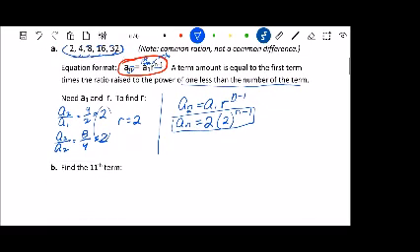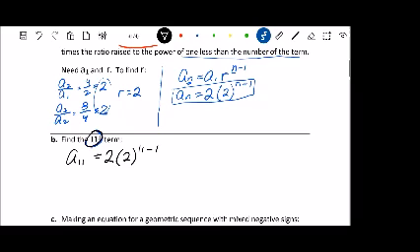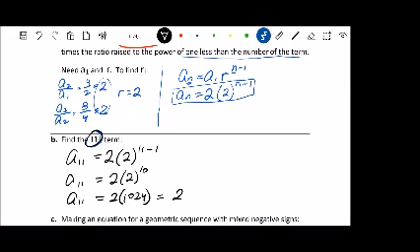If I wanted to know something like the 11th term, I would take that equation and say the amount at the 11th term is equal to the first term times the ratio to the 11 minus 1. So here the amount of the 11th term is 2 times 2 to the 10th power. 2 to the 10th power is 1024, which times 2 equals 2048.